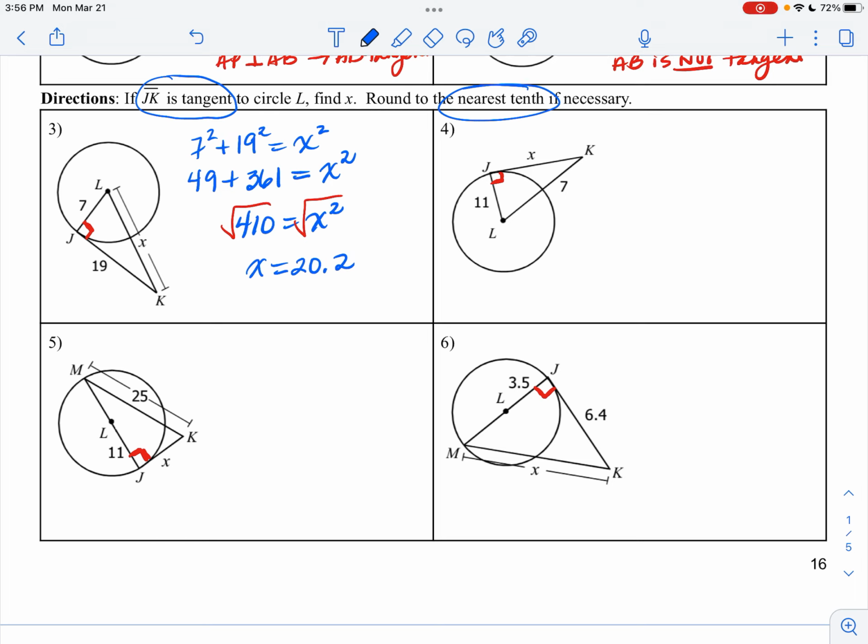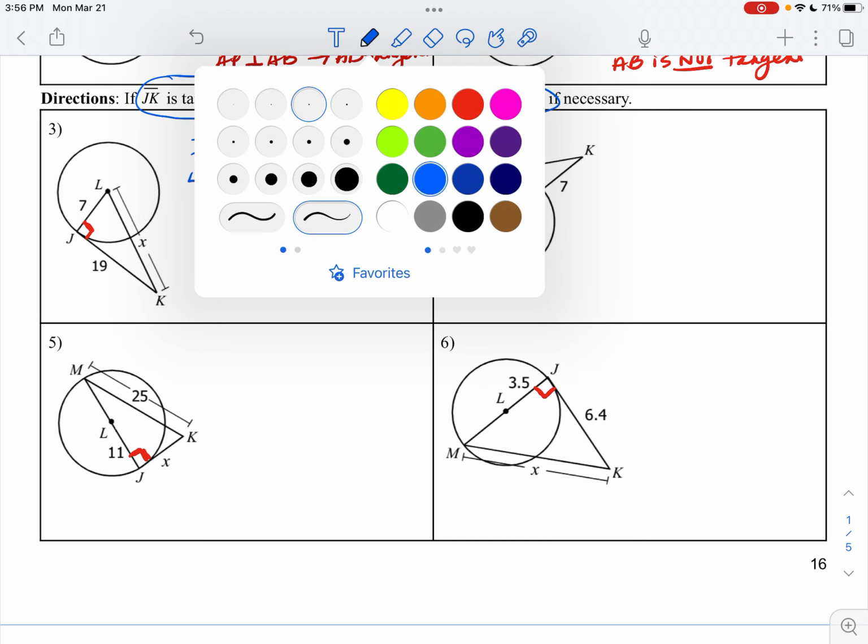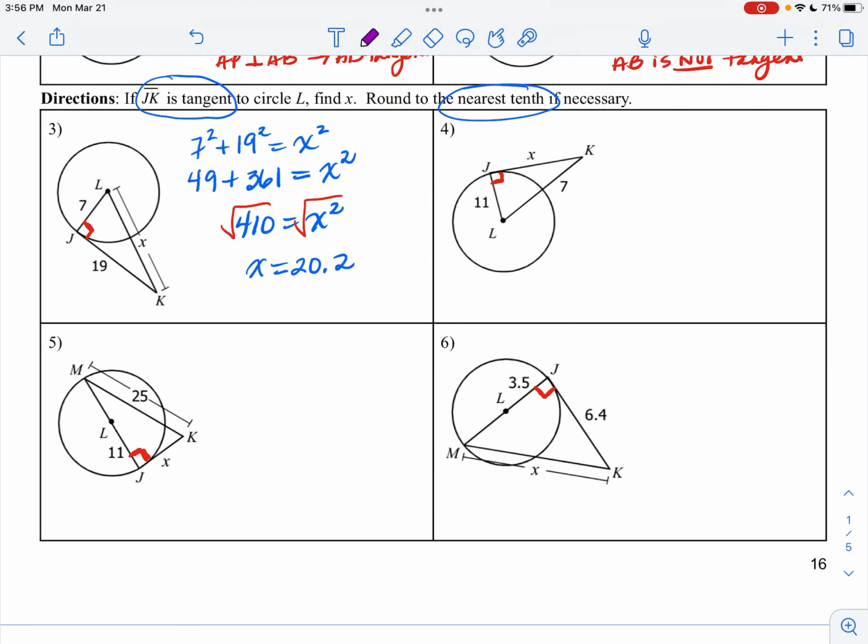All right. Now, in the next problem, this is similar to the one above. They're not giving us the hypotenuse, so think about it. What is the length of the hypotenuse? They're only giving us this line segment here. Okay, so maybe pause the video and see if we can figure out what the entire length is. All right, so yes, you got it. This is a radius, therefore it is 11, so that hypotenuse is 18.